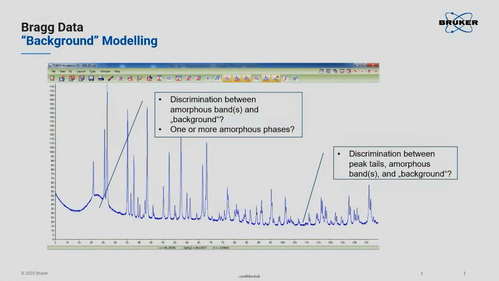So what about this one here? I showed that before. Any ideas? I mean, if you cannot discriminate whatever we call background right now, we should also have the discussion, what is background actually? What is in the background? It's partly mentioned here already.